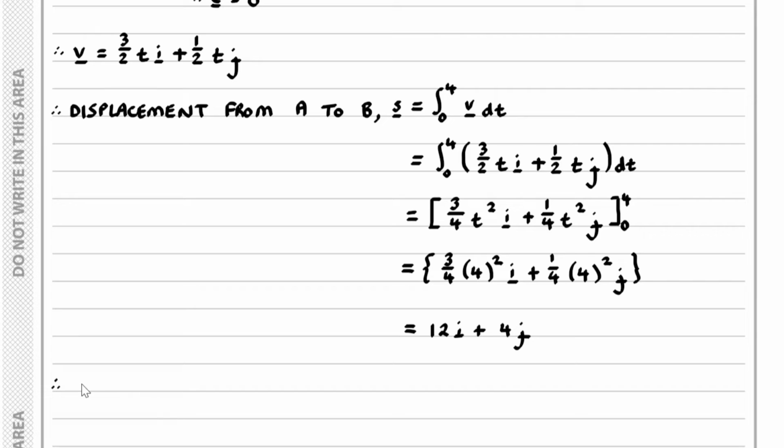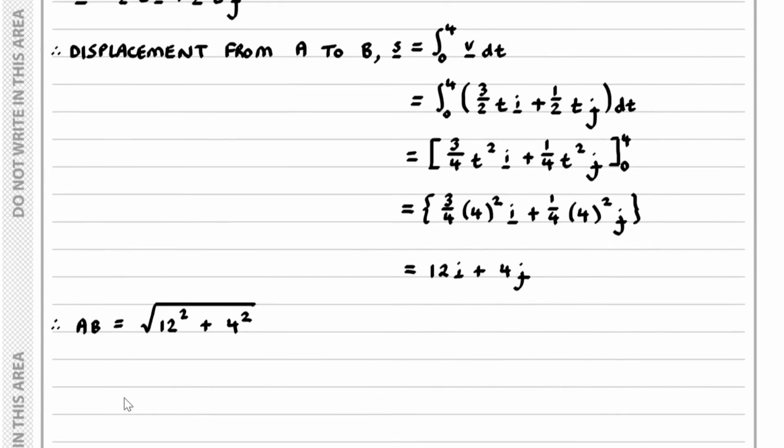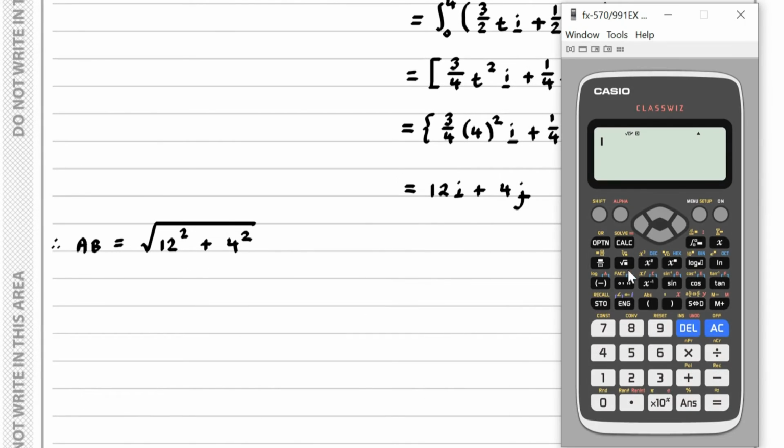And therefore the distance AB will equal the square root of 12 squared plus 4 squared. And if we work this out, we get 12.6 meters given to 3 significant figures.